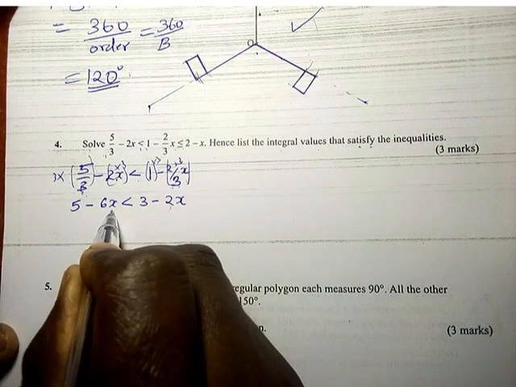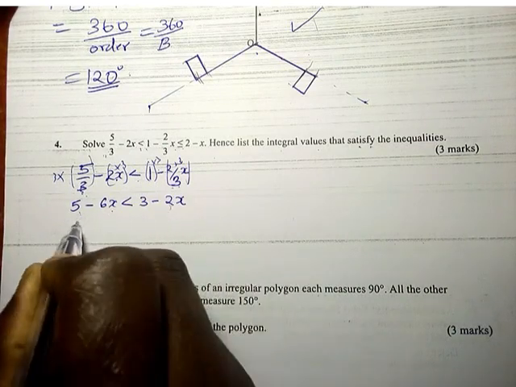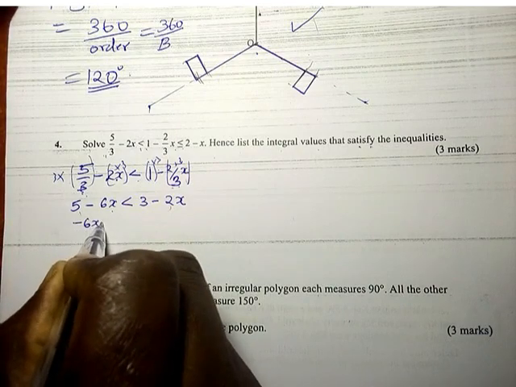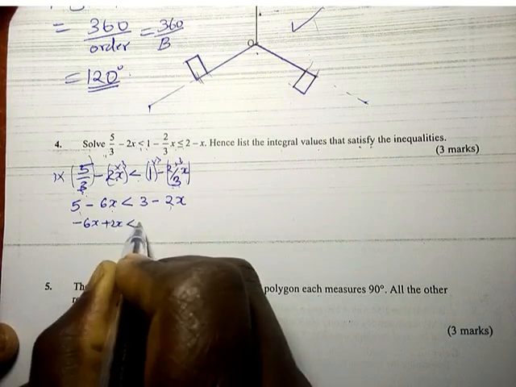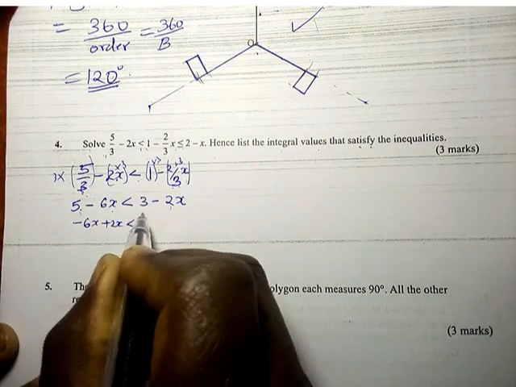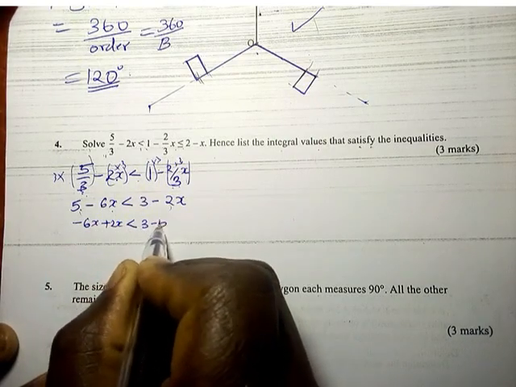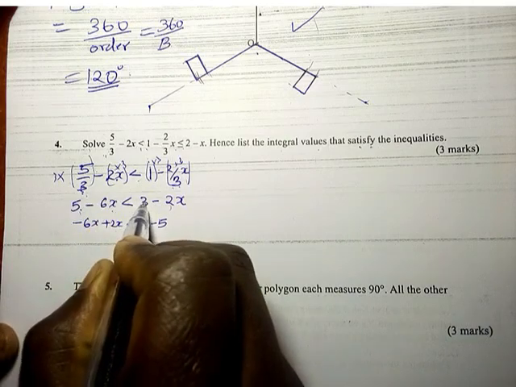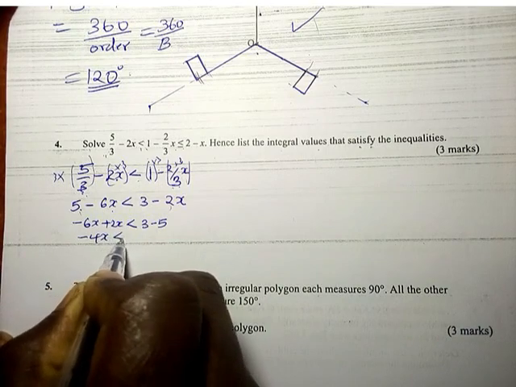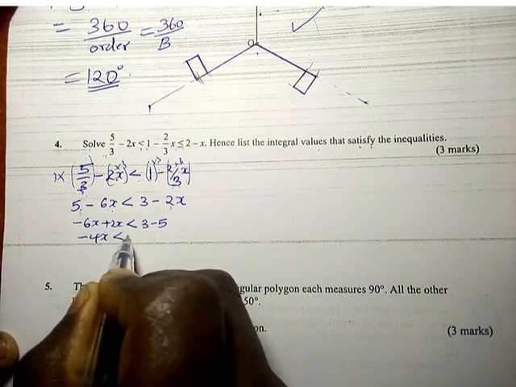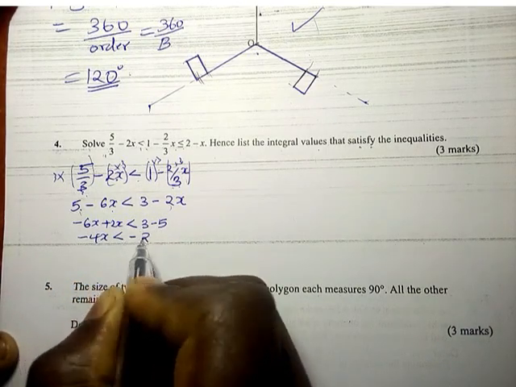Hii ikuje hapa, hii iende hapa. So negative 6x plus 2x is less or equal to, hii ikuje pande hii 3 minus 5. Kwa sababu hii kifuka hapa inakuwa negative. So hapa tutakuwa na negative 4x is less than 3 minus this itakuwa minus 2.